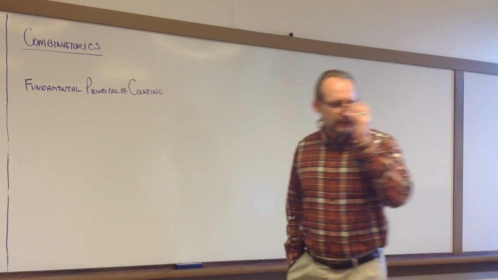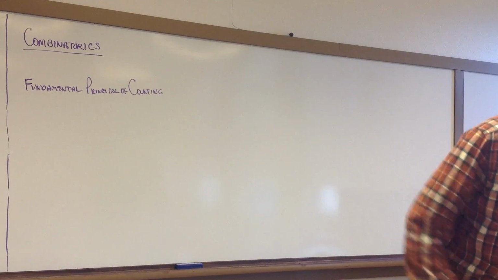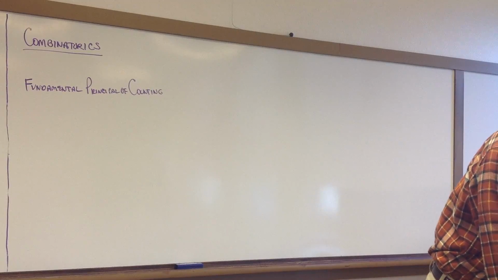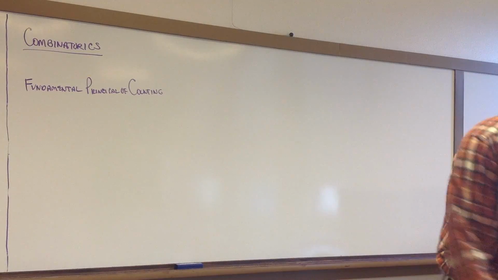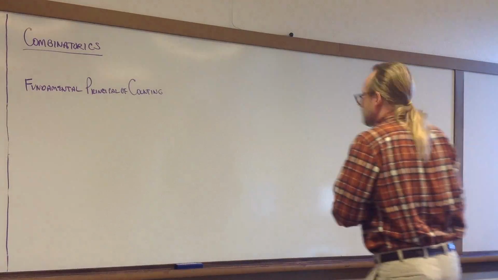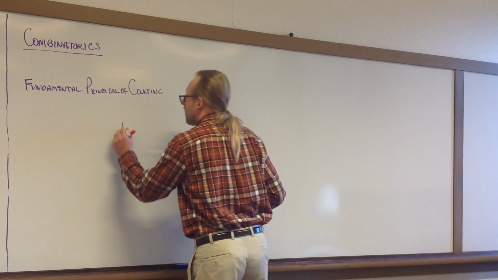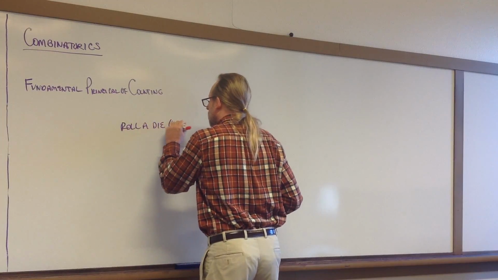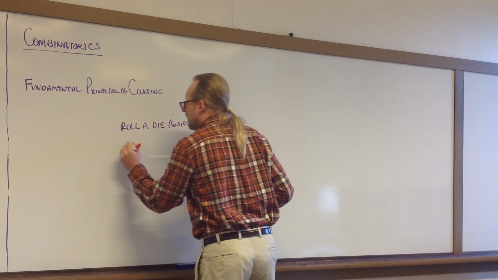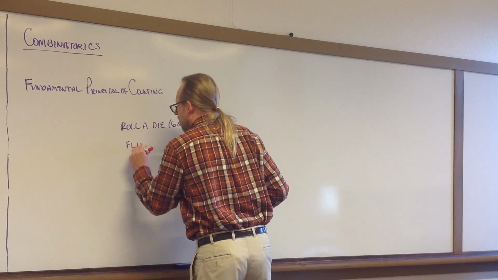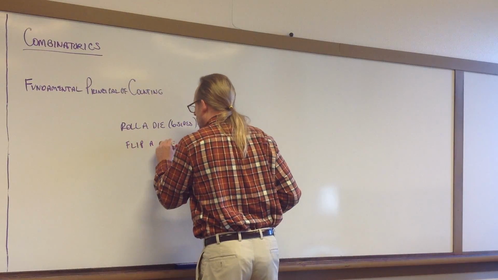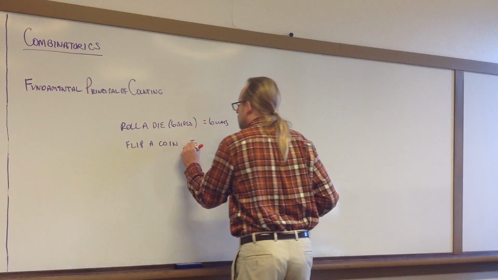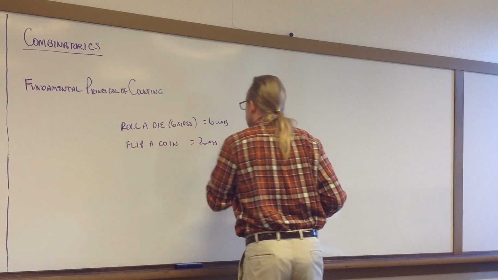For example, a good one to do is if you roll a die, 6 sides, and then flip a coin. So 6 ways for this one to happen, 2 ways for this one to happen.